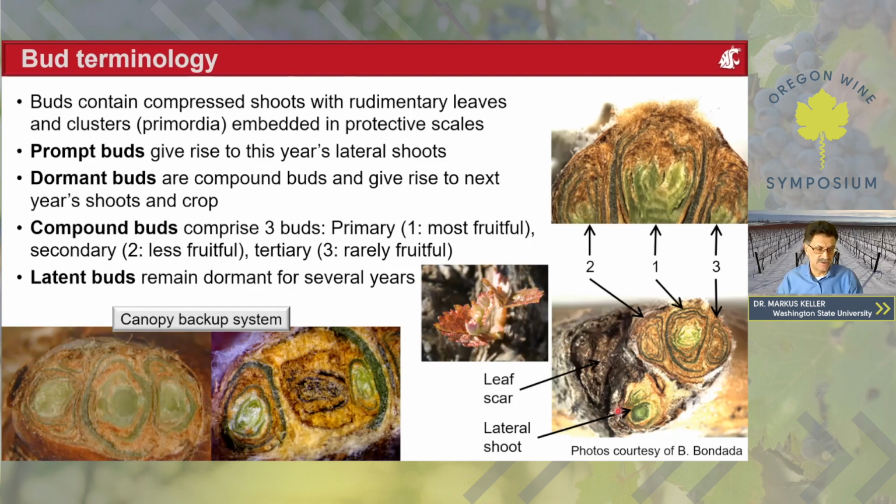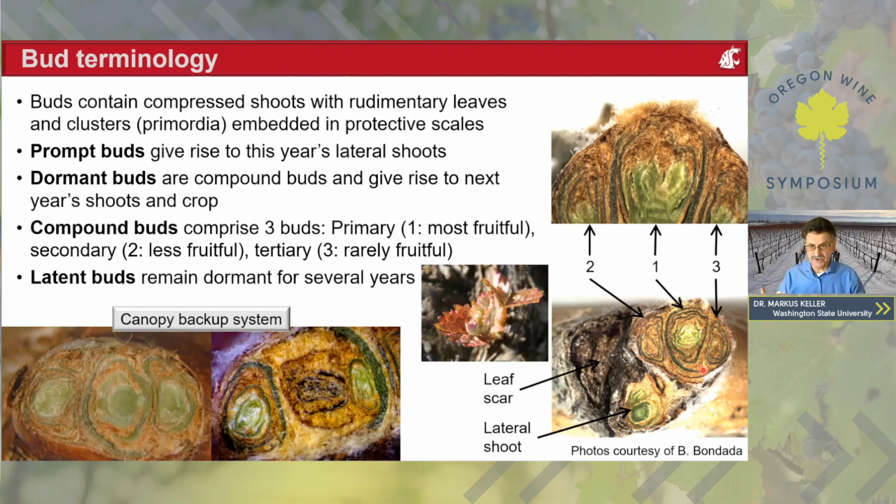This down here on the right-hand side, on the left of the bud, is a former lateral shoot from last year, and then the compound bud sits up here. We distinguish mostly between a prompt bud and a dormant bud. A prompt bud is in the leaf axil of the current year shoot.